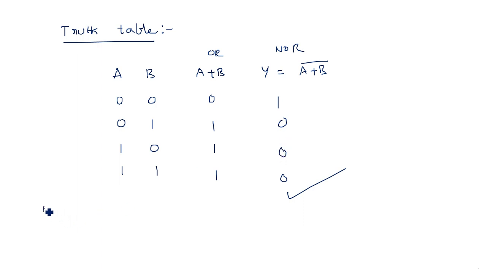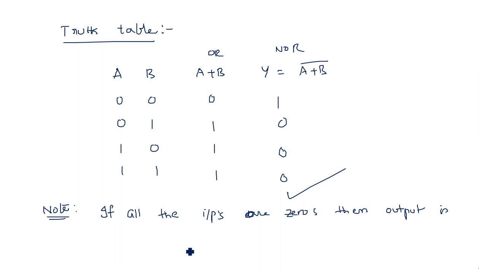NOR gate is nothing but: if all the inputs are zeros, then output is 1.